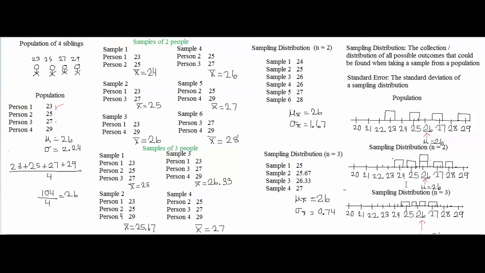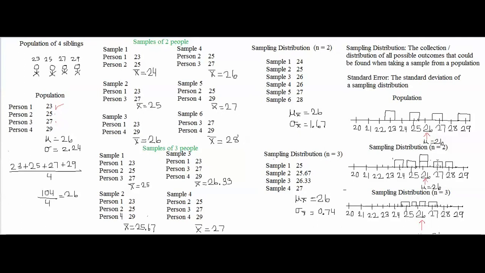because whenever you go from the smaller sample size to the bigger sample size, then the possible samples have less spread. So the possible samples with a smaller sample size of 2 have more spread, and the possible samples with a larger sample size of 3 have less spread.